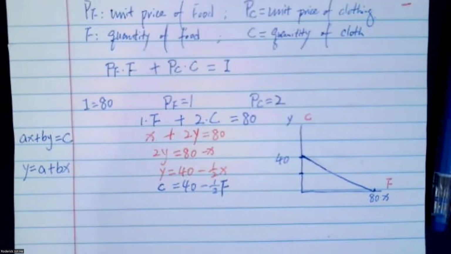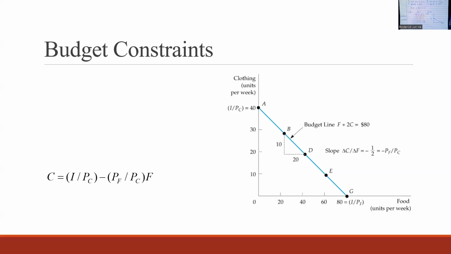Point A is the point where you purchase no food. Then point A is the point where we achieve the highest possible amount of clothing permitted by the current budget, right? So the most clothing that you can purchase is 80 over 2, which is 40.